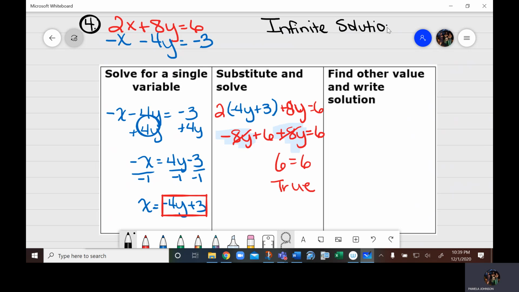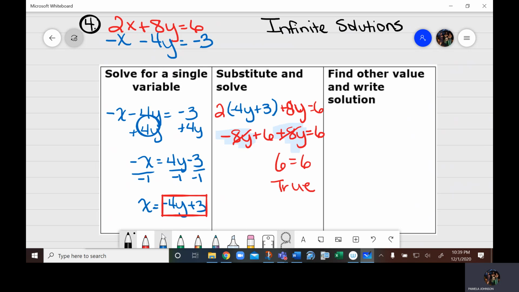Really what this means is that the two equations that we have are actually just the same equation. It's one equation that's been multiplied by some value to make it look different.